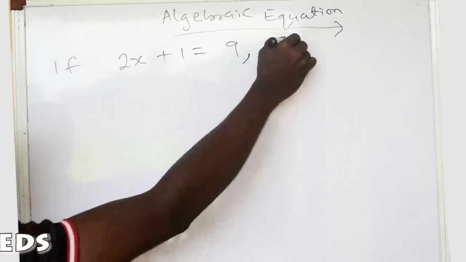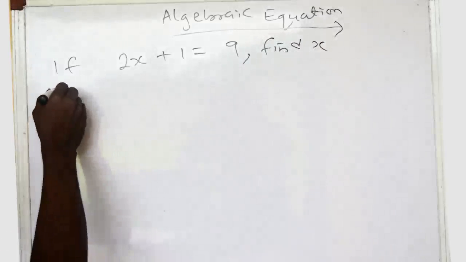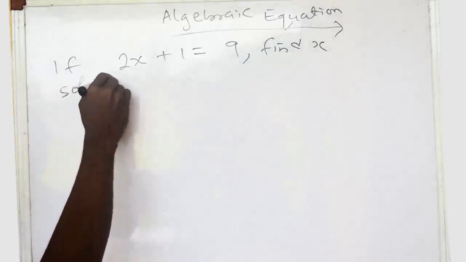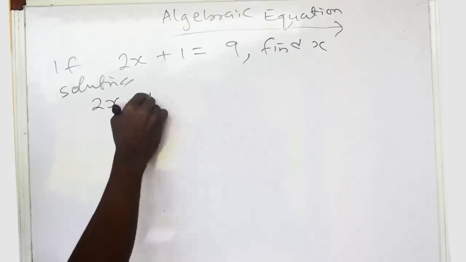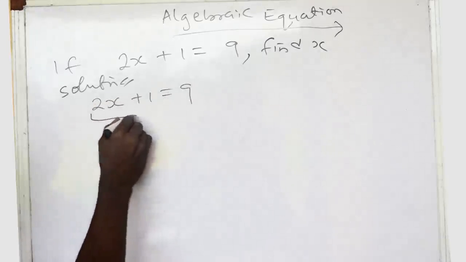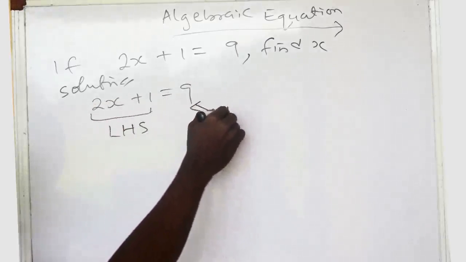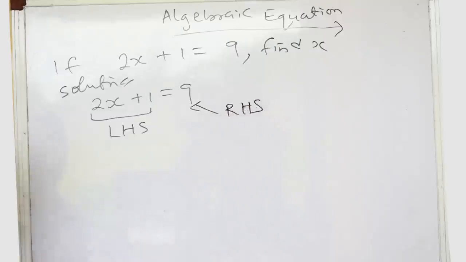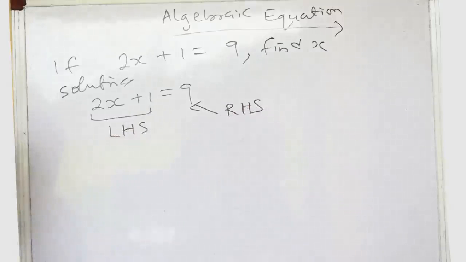Now the question says find what? x. So the solution to this will be, let's break down the equation, 2x plus 1 equal to 9 is an equation. This side is the left hand side, and this side is the right hand side. The equality sign has separated the left hand side from the right hand side.